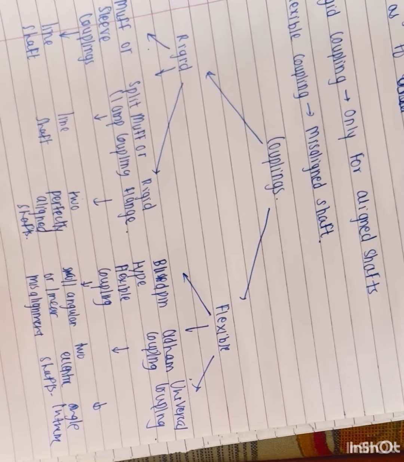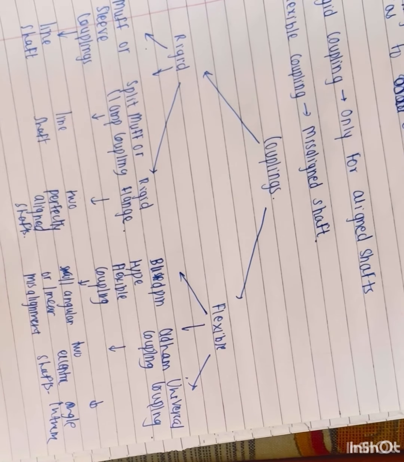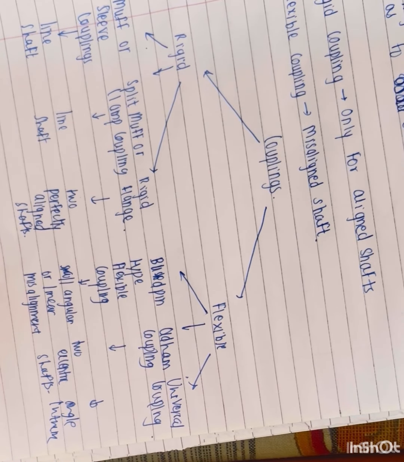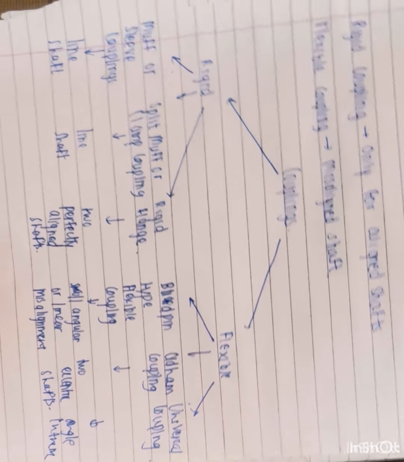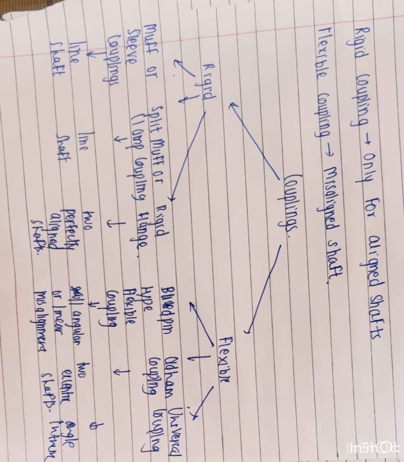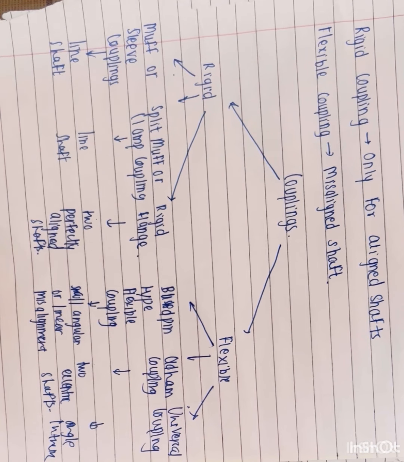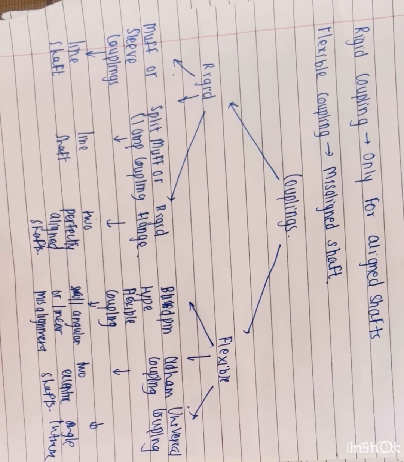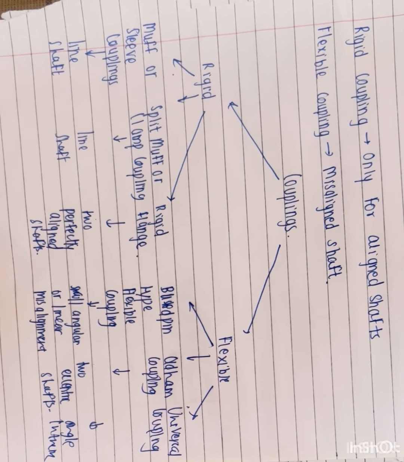So we'll see it once again, we'll revise it. So coupling, two types, rigid and flexible. In rigid there are three types: muff or sleeve coupling, split muff or clamp coupling, and third one is rigid flange coupling. In flexible there are three types: bushed pin type flexible coupling, Oldham coupling, and universal coupling.